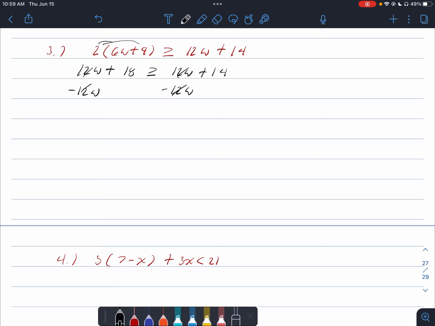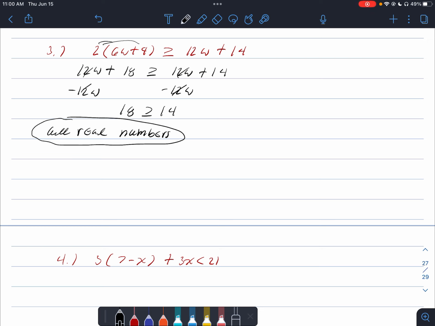These cancel, and we're left with 18 is greater than or equal to 14. You have to ask yourself, is 18 greater than or equal to 14? Yes, it is greater than 14. Since the inequality is true, that means all real numbers satisfy this inequality. You can plug anything in, and it will end up being true.